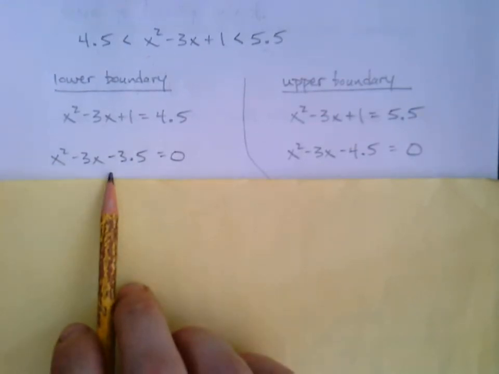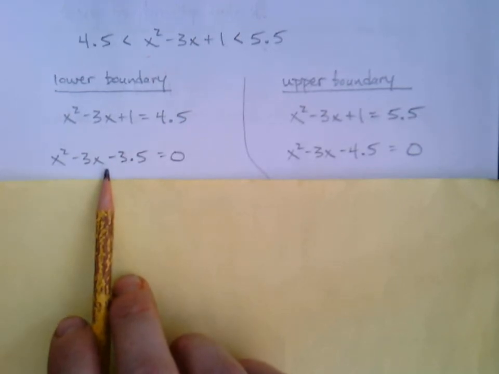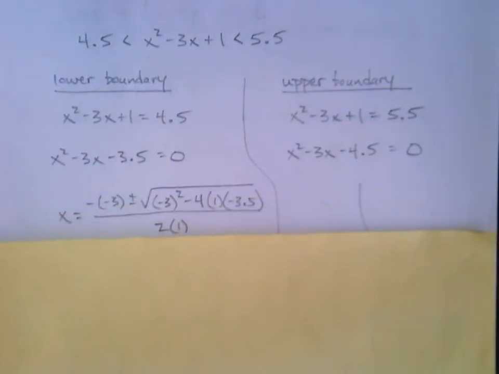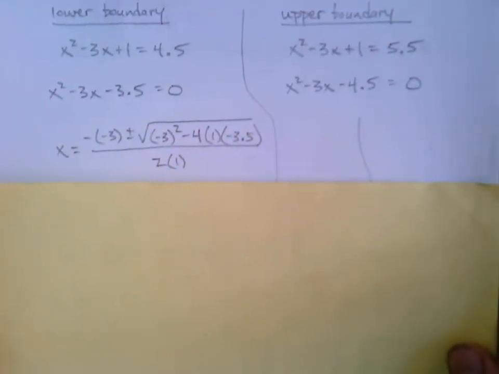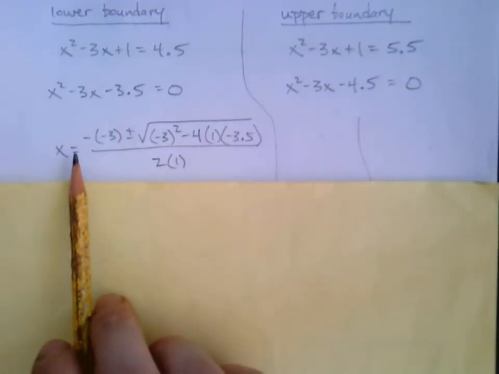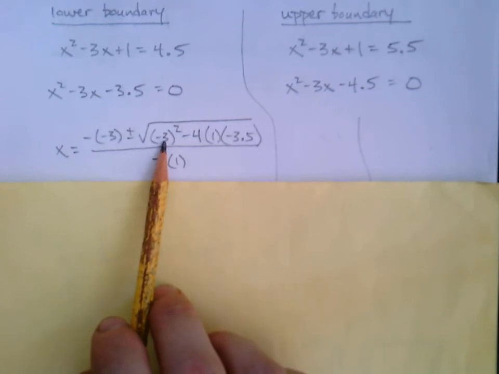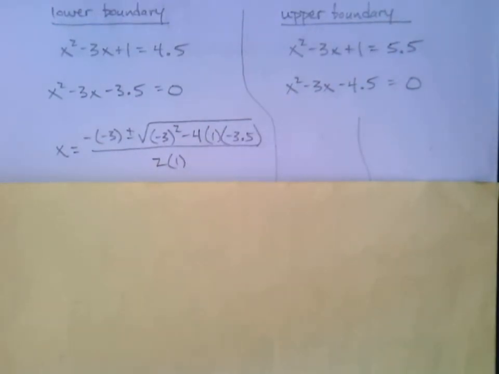And here, I recommend you don't factor. That wouldn't go over too well. Just use the quadratic formula on this. We're going to have to round to 3 decimal places. If you remember, x equals negative b plus or minus the square root of b squared minus 4ac, all over 2a, like so.